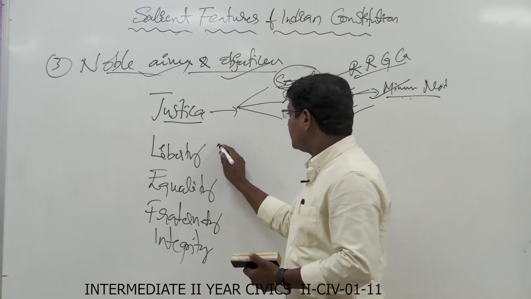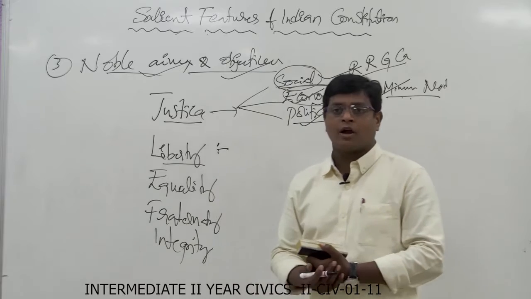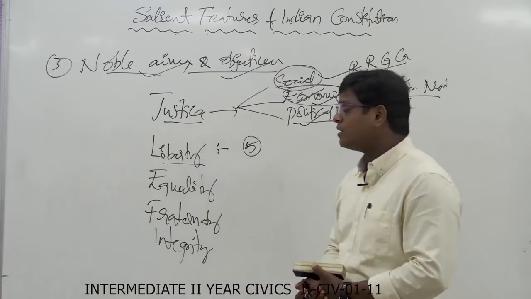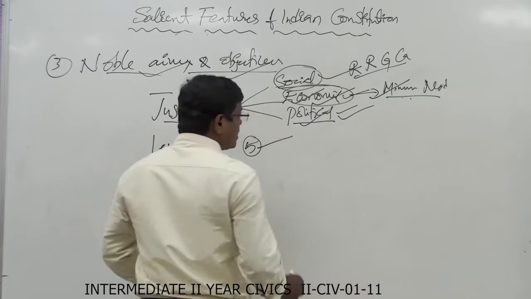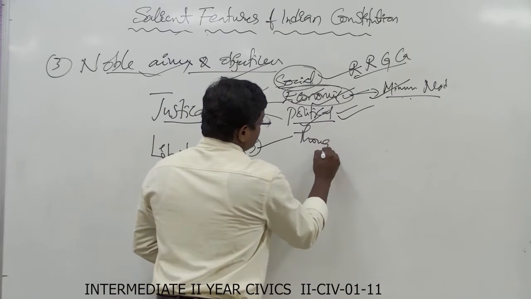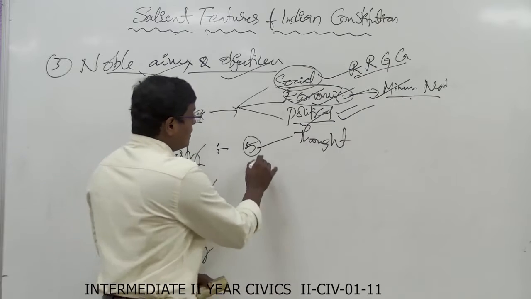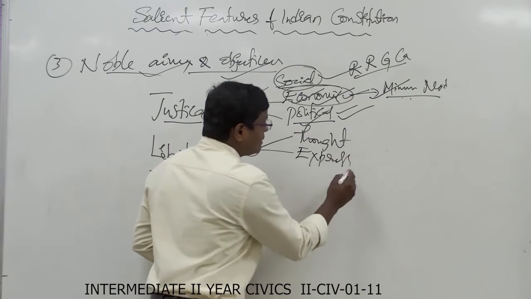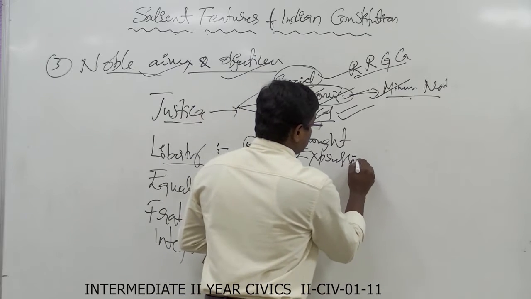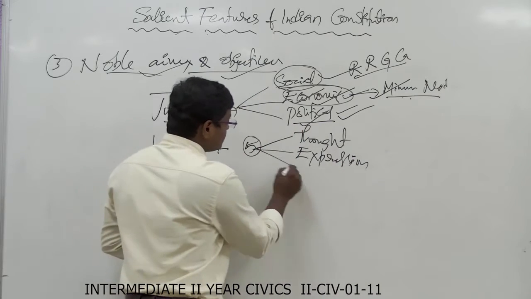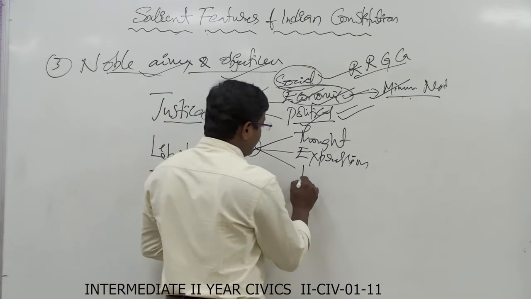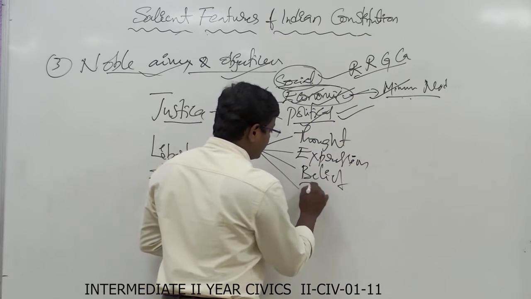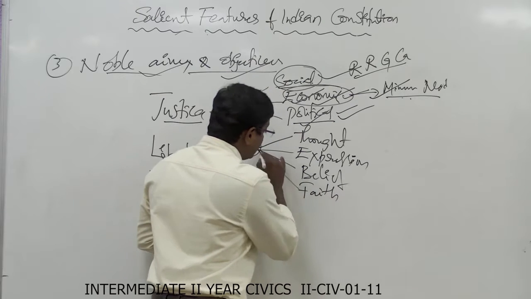Then liberty. Liberty on what grounds? Liberty on 5 grounds: liberty of thought, liberty of expression, liberty of belief, liberty of faith, liberty of worship.